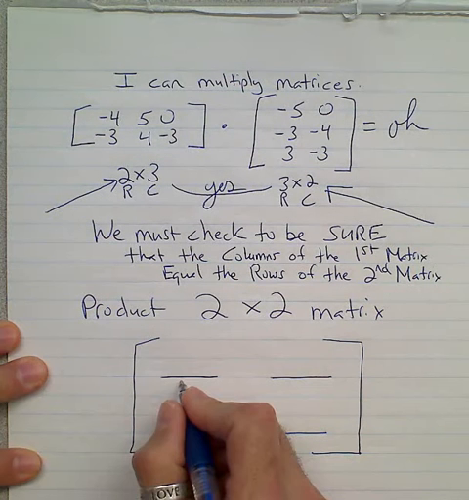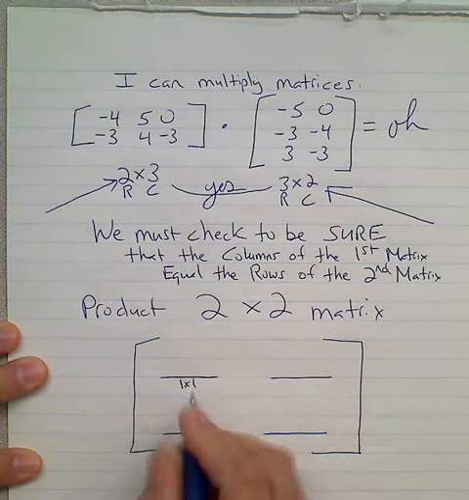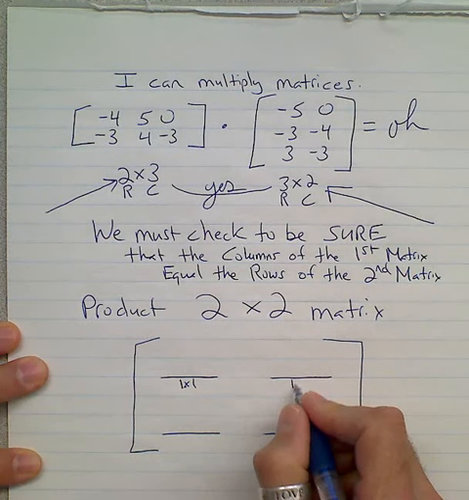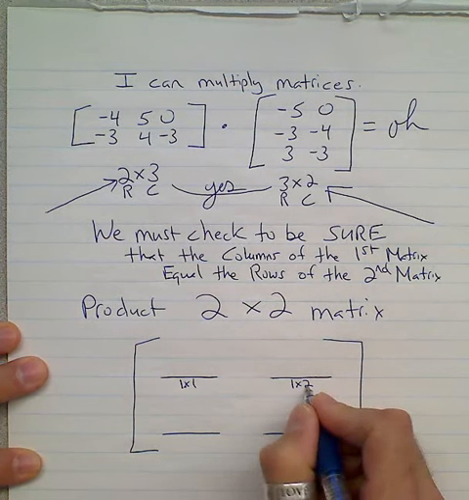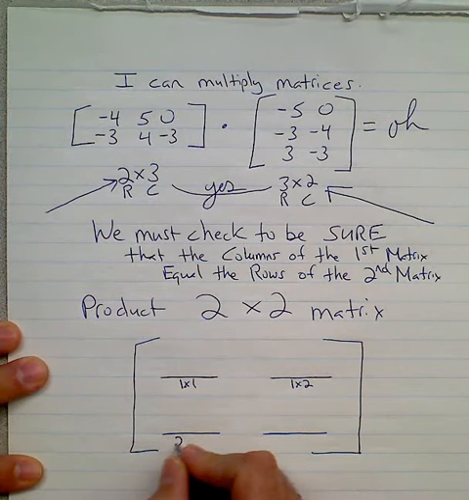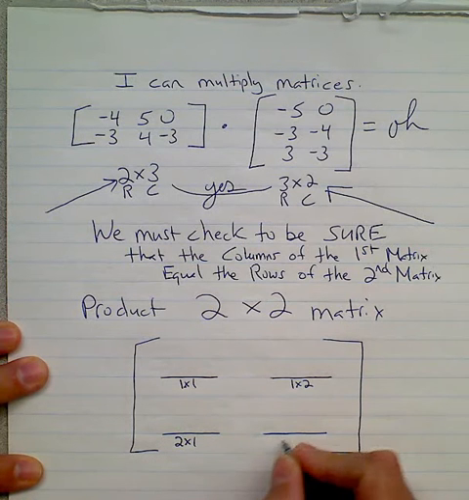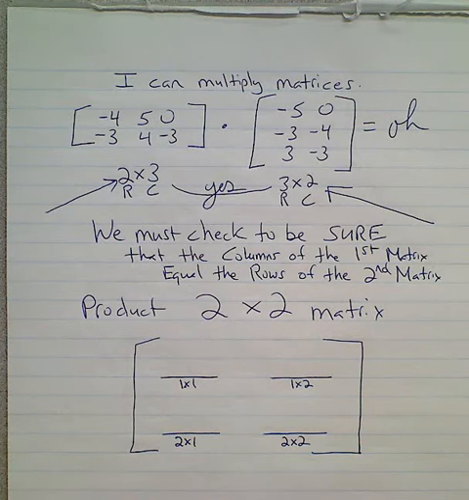You'll have the 1 by 1 element, first row, first column, the first row, second column element, second row, first column, and second row, second column. Throughout the process, you are going to constantly be thinking about rows and columns.